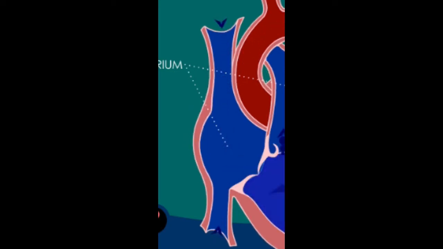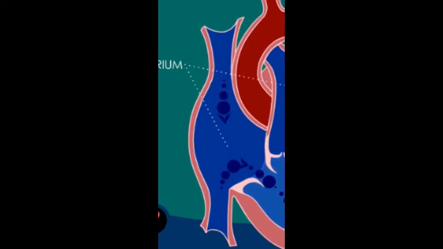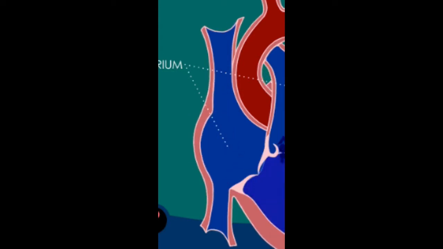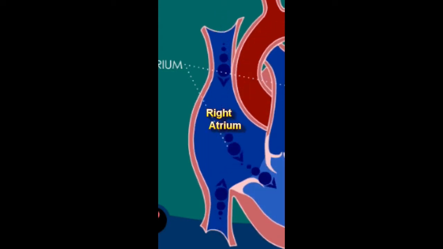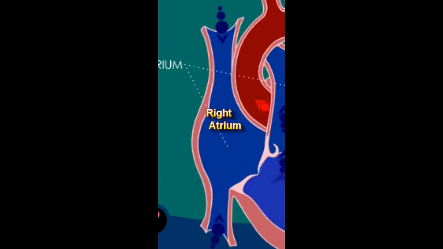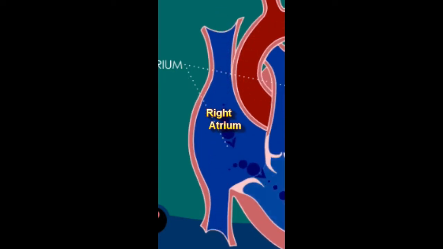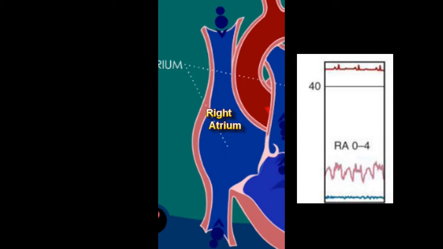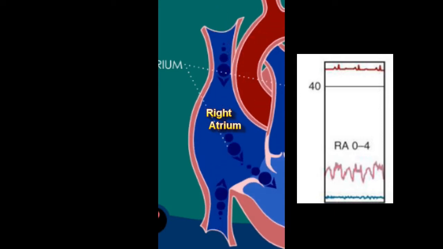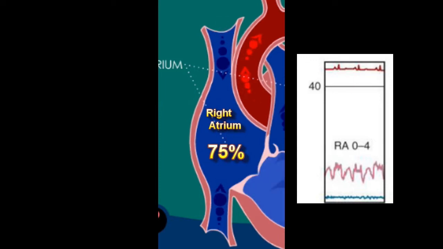All right, let's move on to the chamber which both of those main veins dump into, which is the right atrium. The right atrium is also a low pressure system, as the blood passively fills and flows through the tricuspid valve into the right ventricle. If we take a closer look at the values of the right atrium, we see 75% O2 saturation.